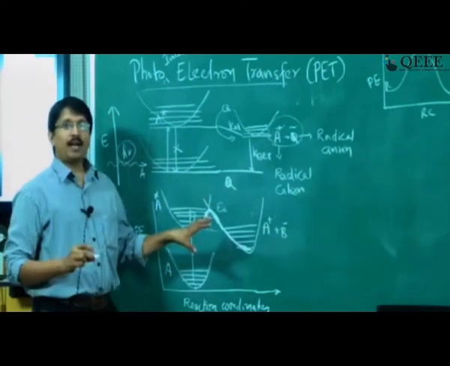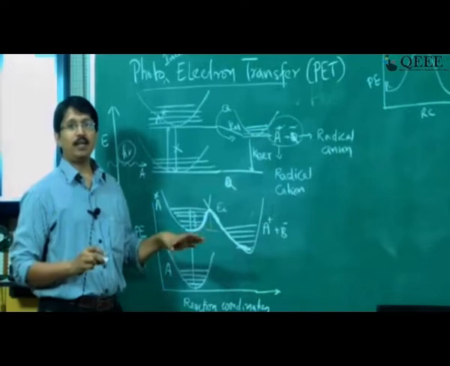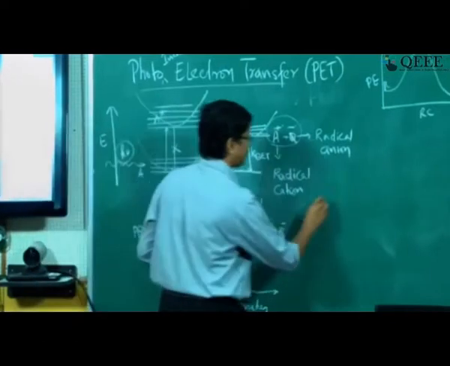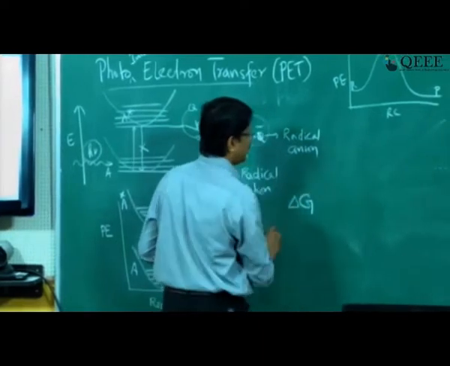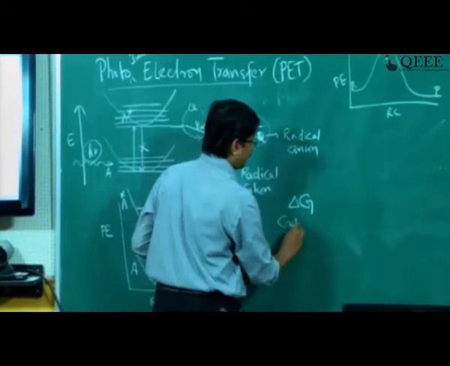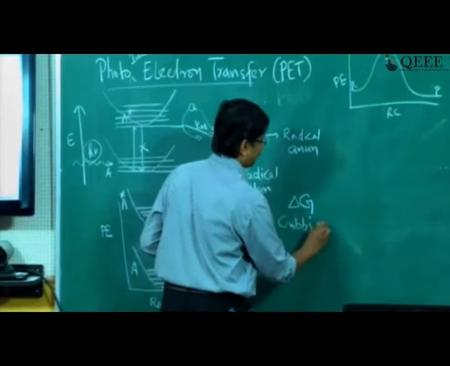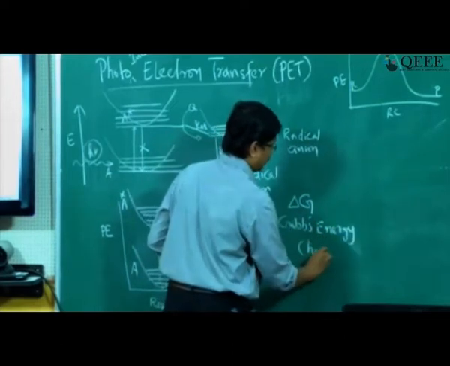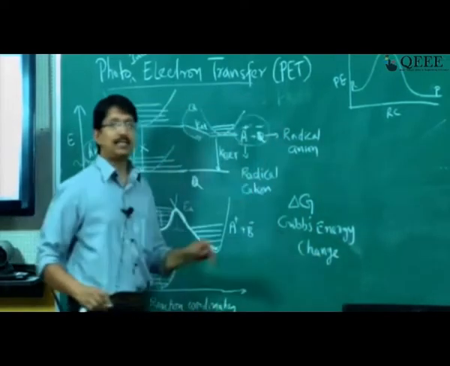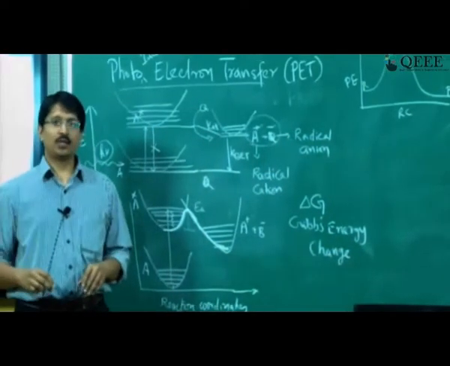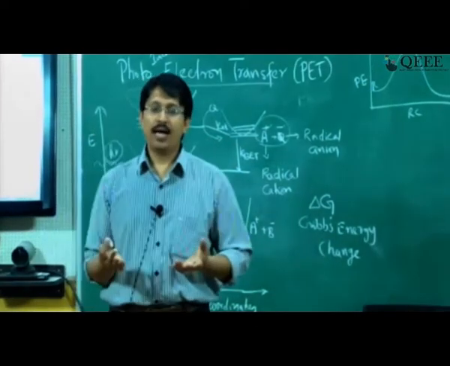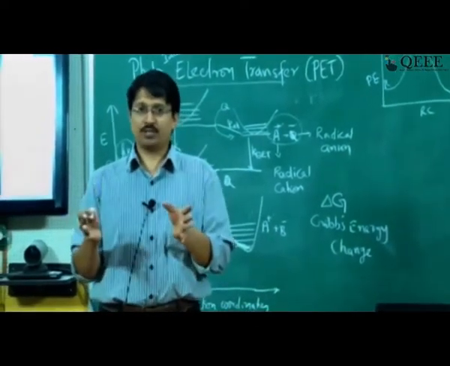There is another parameter which is very important for this process or reaction, that is called Gibbs energy, G. This is the Gibbs energy change, delta G. So I am sure that you have some awareness about delta G and its relation with any process.